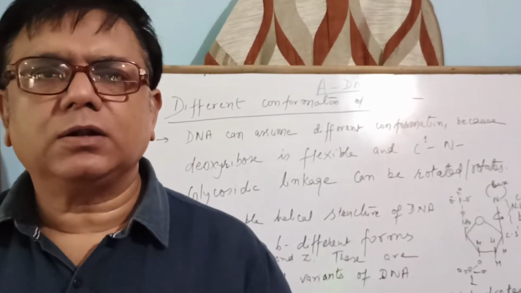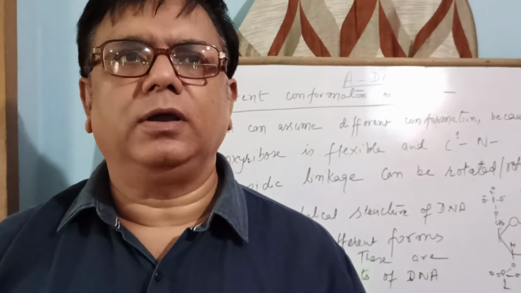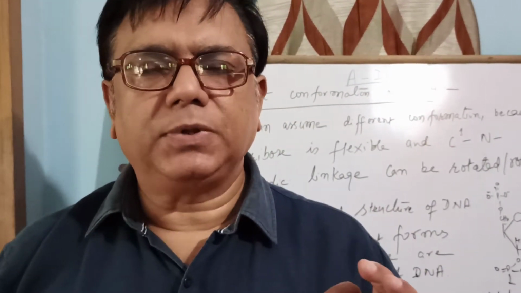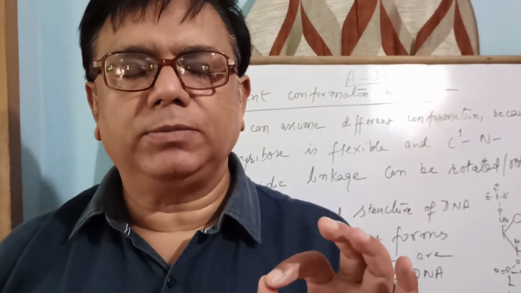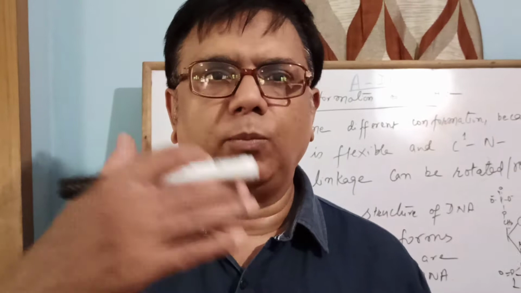Because the sugar moiety deoxyribose is flexible, and its linkage with the base, that is from C1 prime, carbon 1 prime, to the base, the N-glycosidic bond, can be rotated, and it rotates. So when it rotates, different conformations will be formed, and A-DNA is one of them.